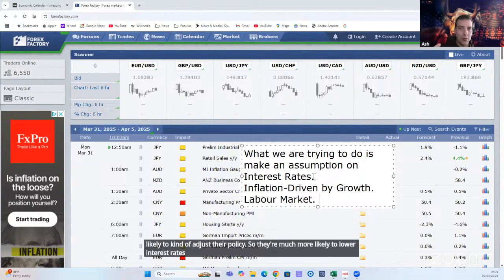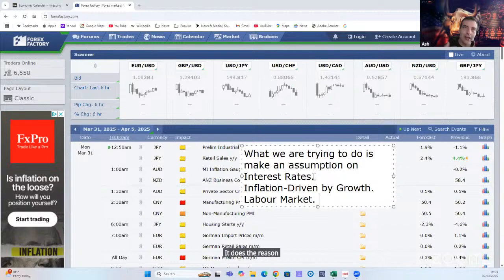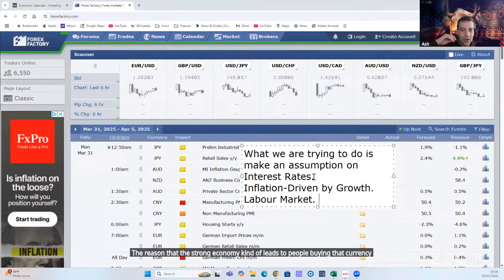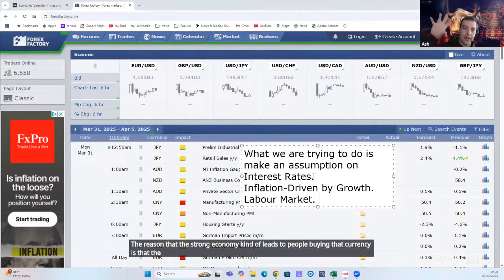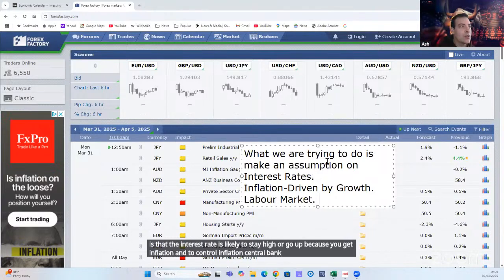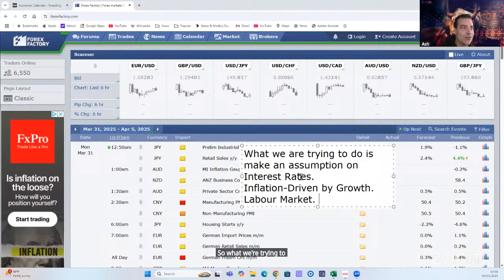When you get a really strong economy, people buy that currency because the interest rate is likely to stay high or go up, since you get inflation, and to control inflation, central banks will raise the interest rate. So what we're trying to make an assumption on is where interest rates are going.